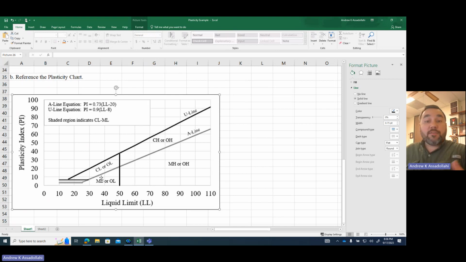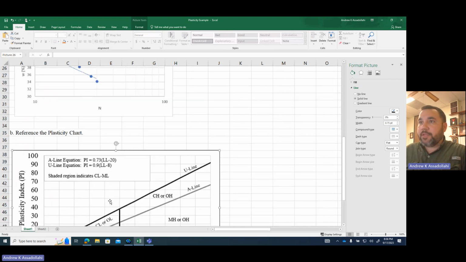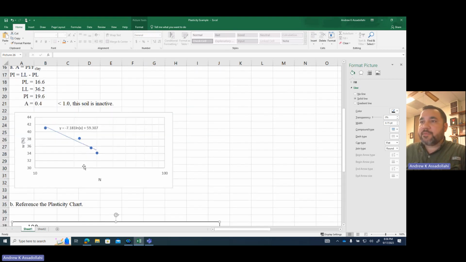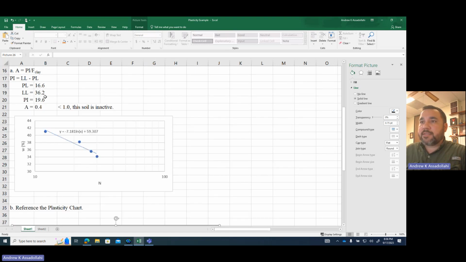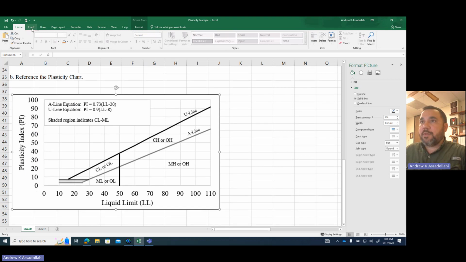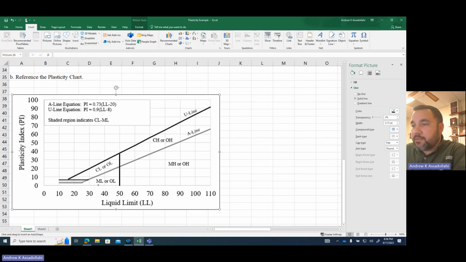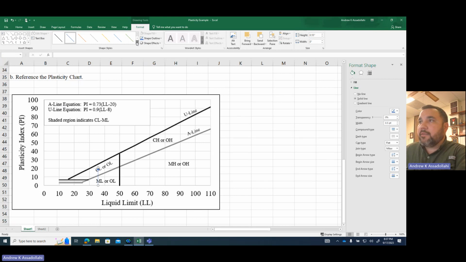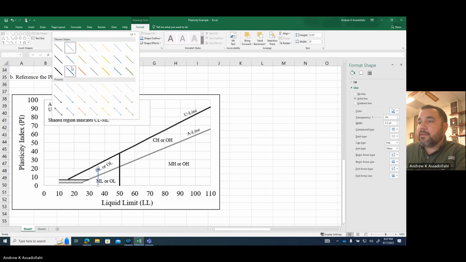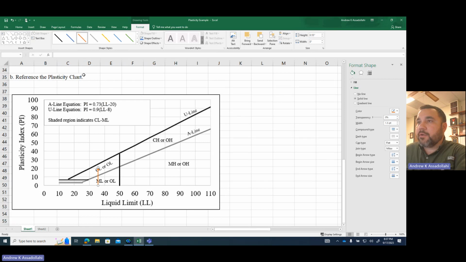So what do we do? Well, we're going to enter in with our liquid limit. We got that earlier as 36.2, and then we know the plasticity index is 19.6, right? So 36.2, I'm going to insert an arrow here. 36.2 is going to be right about here. Okay, and I'm going to come up, and I can make this kind of a more noticeable color, I guess, orange.